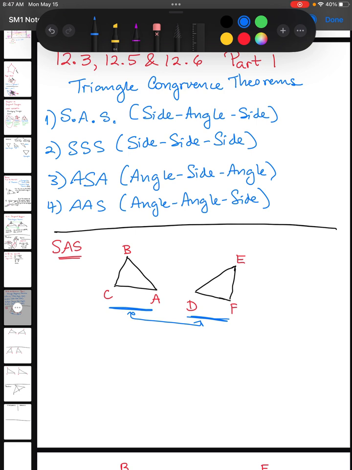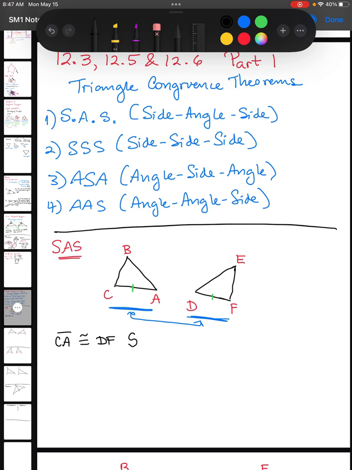The thing is, right now they are just corresponding, but now I'm about to make a mark on them, and let's use blue. Now let's use green. Sorry. So this time, if I write this mark and this mark over here, now I can say that segment CA and segment DF are congruent.